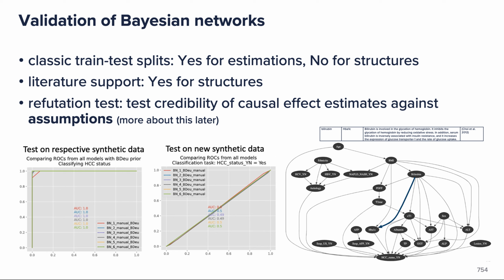So you don't have the ground truth to test the estimation of the counterfactual reasoning. With causal effect reasoning, you would likely want to do something else, which is to refute against your assumptions, and we'll talk a little bit more about this later.